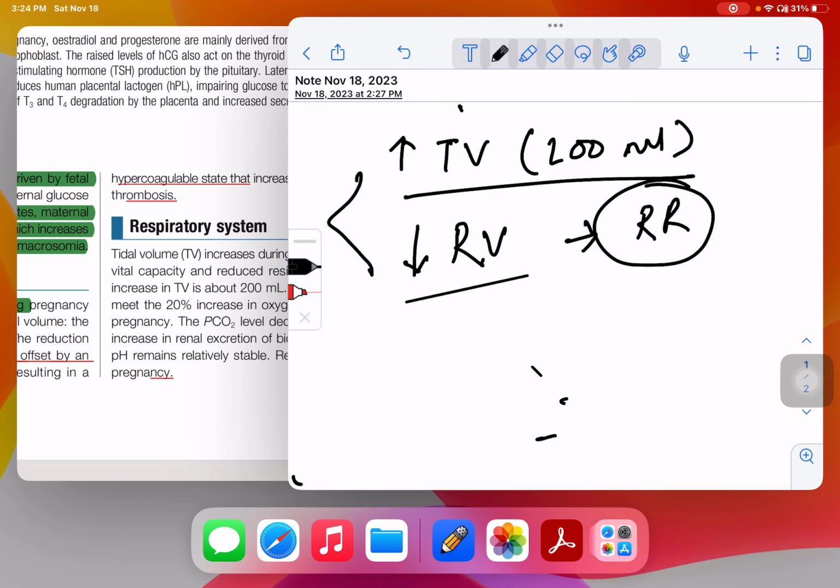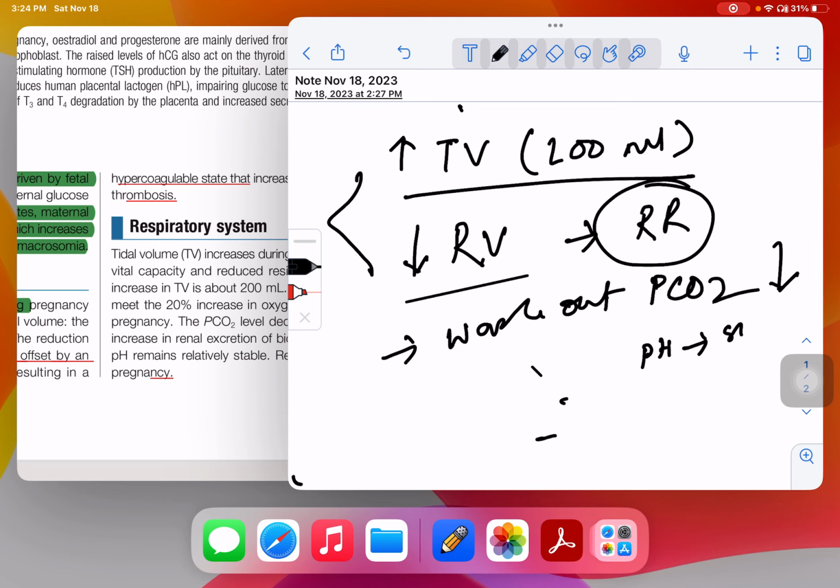So the patient has some hyperactivity of respiration, resulting in washout of carbon dioxide. So PCO2 will be low in the circulation, and pH remains slightly alkaline due to washout of carbon dioxide.